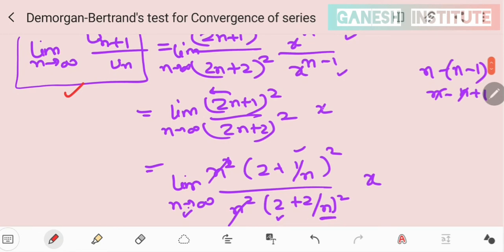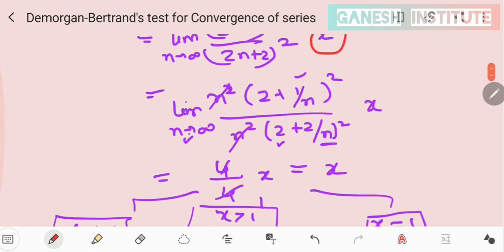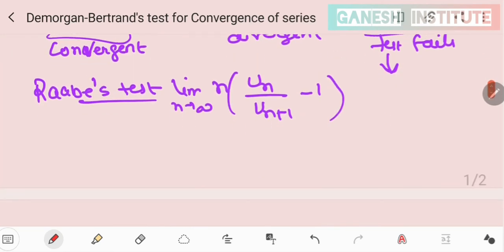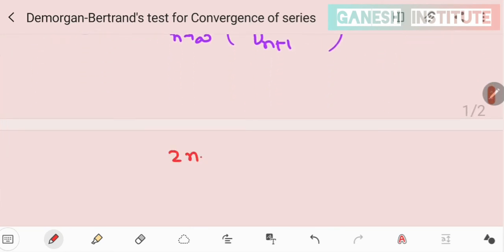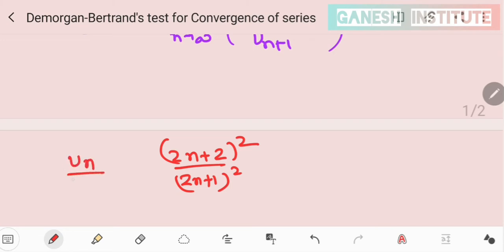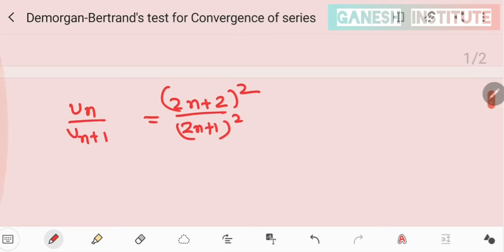If you put x as 1, then only this bit will be left. So 2n plus 1 whole square upon 2n plus 2 whole square, right? This is your un by un plus 1.